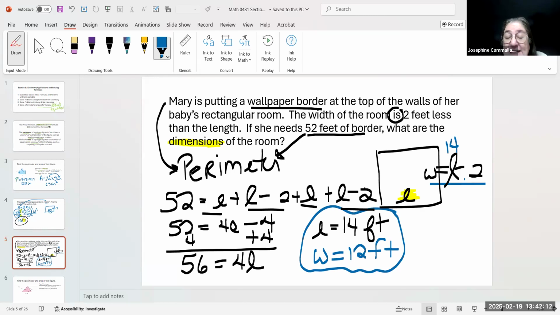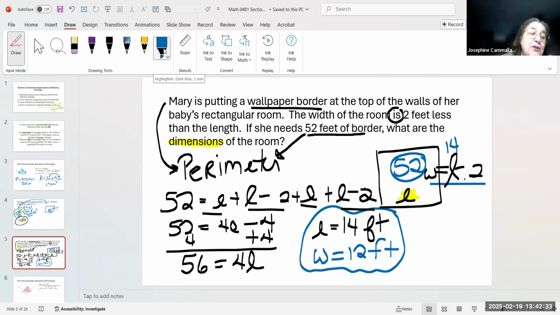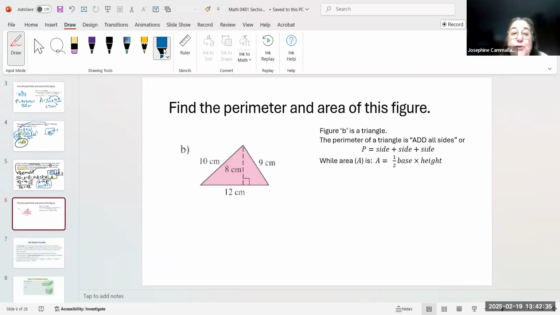And if you want to add it together, 14 plus 12 plus 14 plus 12 is going to give me the magic number, 52. I could go back and check this if I want. It works.